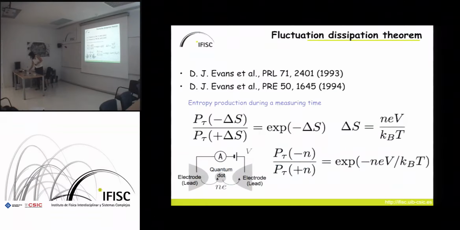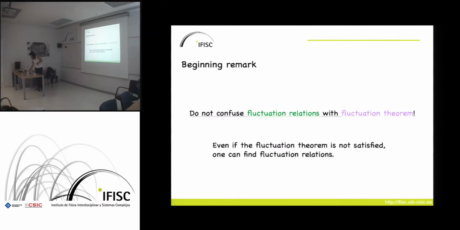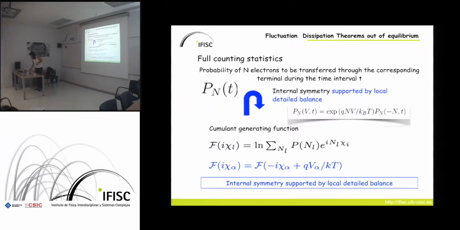So people so far have always utilized this symmetry to derive these relationships between the nonlinear transport coefficients, which means the noise out of equilibrium, nonlinear conductances, third cumulant, etc. But this is not correct because sometimes there are systems in which local equilibrium is broken. Okay?